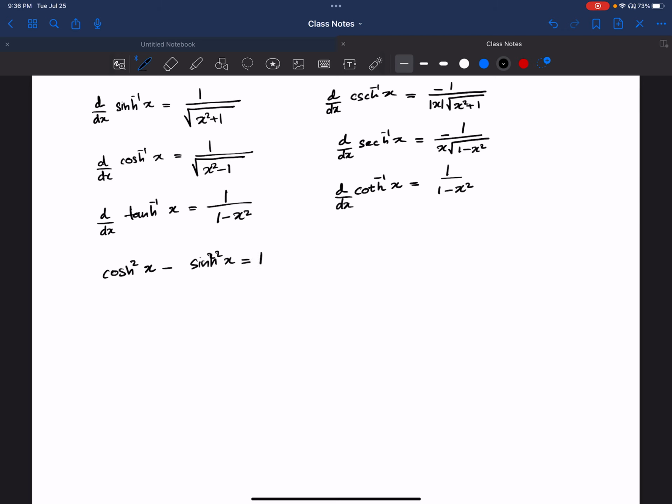And then you can divide everything by cosh squared x, and you get 1 minus tanh squared x equal sech squared x.